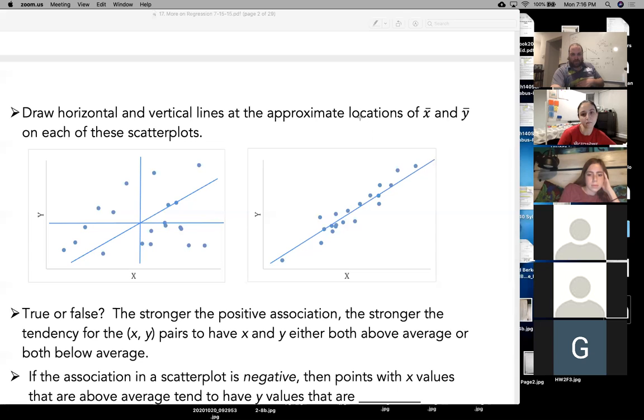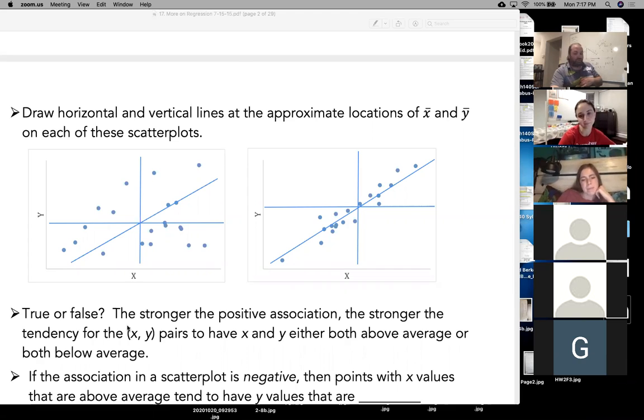That seems relatively okay. I don't really see any predominance one way or the other here. Does that seem okay? I'm horrible about this, but let's see where we're going with this.